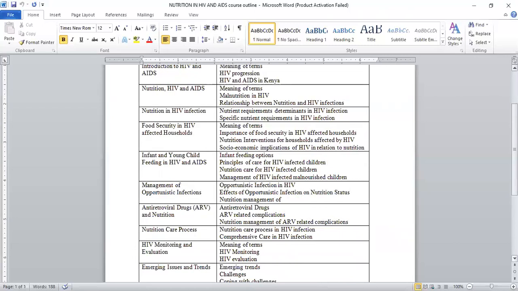Then we will also cover infant and young child feeding in HIV and AIDS. That is, we need to know how you can feed a child who is suffering from HIV and AIDS. In the hospitals, these children are taken to an area referred to as PMTCT, the prevention of mother to child transmission. This is whereby the pregnant women who are suffering from HIV visit that clinic. They don't go to the normal CWC, the child welfare clinic, or the normal antenatal clinic.